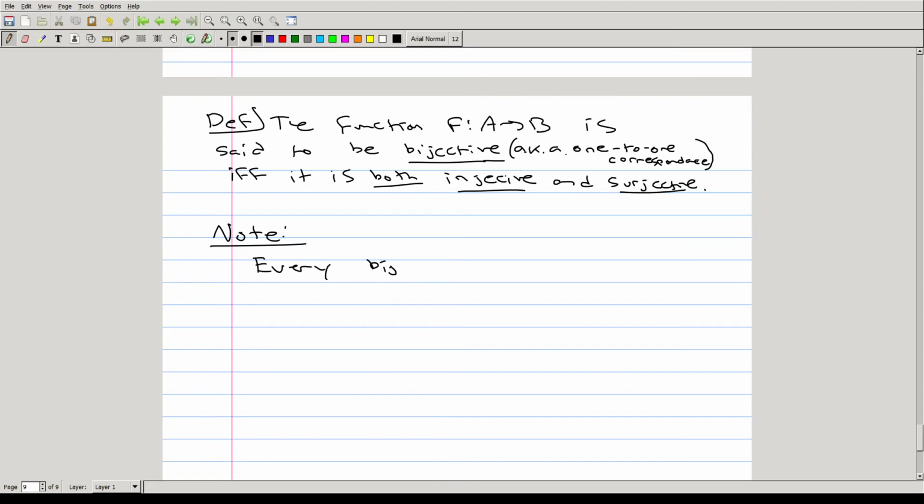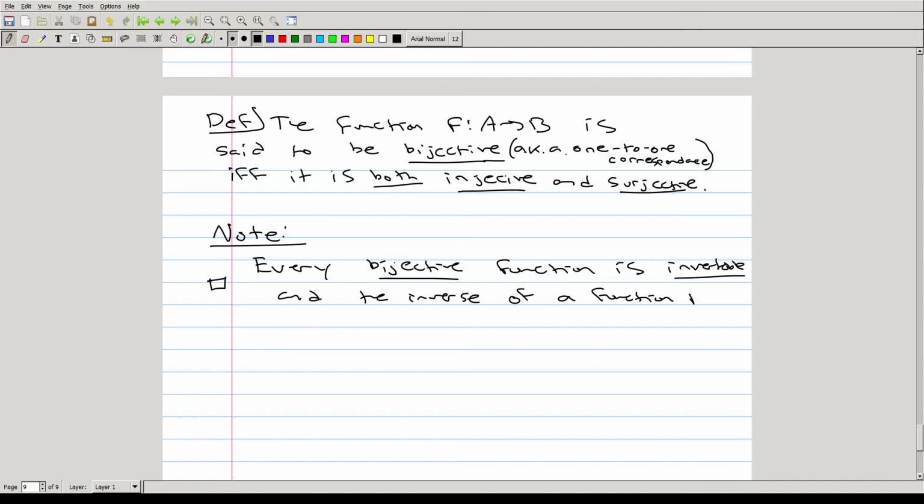Every bijective function is invertible, and the inverse of a function f is denoted by f with a -1 in the exponent of f.